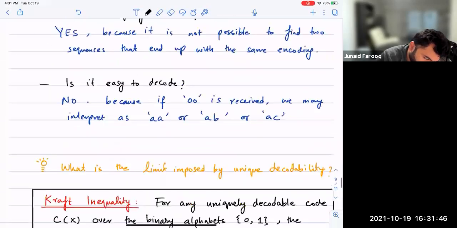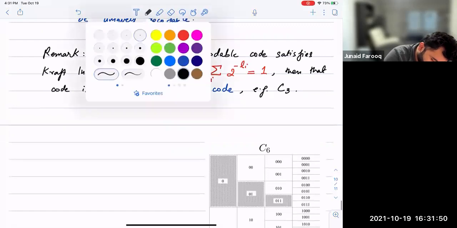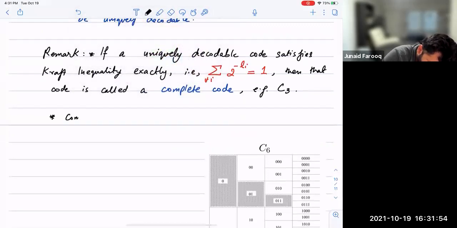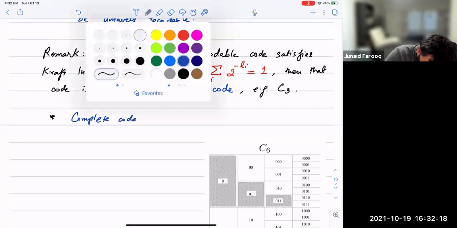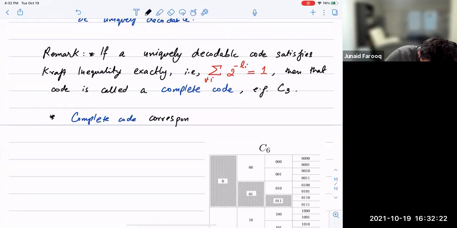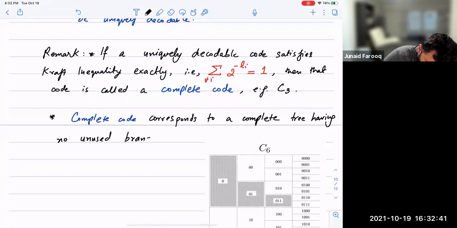Now, another fact here is that complete codes, and the reason it's called complete is because you actually fill up the whole tree, correspond to a complete tree having no unused branches.